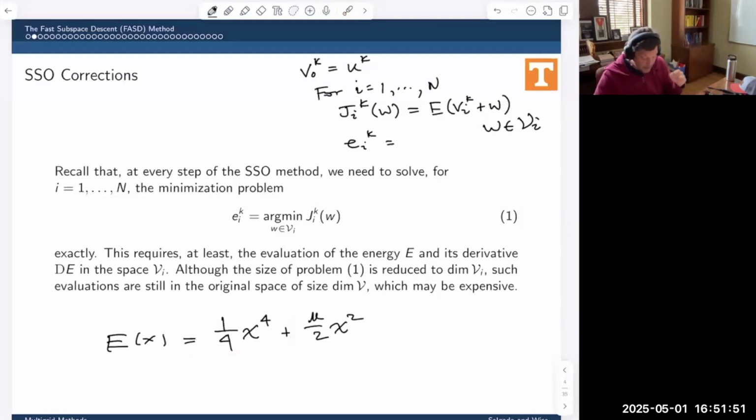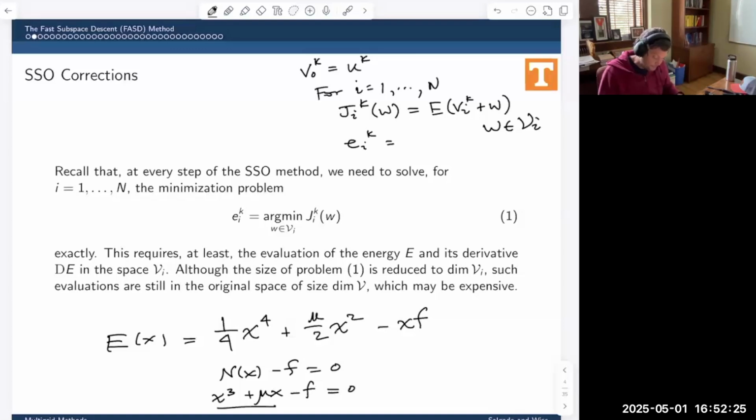And if you want to add on a right-hand side, we could do minus x times f. So the equation that I'd have to solve in the end is a nonlinear N(x) minus f equals 0. What is that nonlinear thing? In this case, it's x^3 plus mu x minus f, so this part here is the nonlinear part. That's my N.